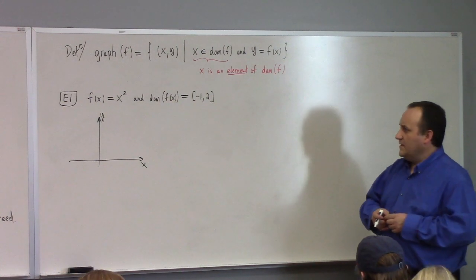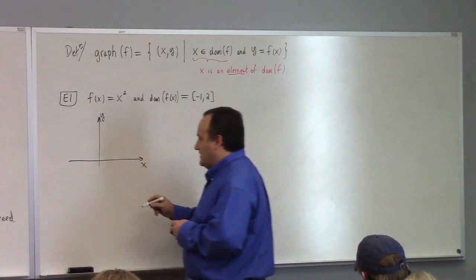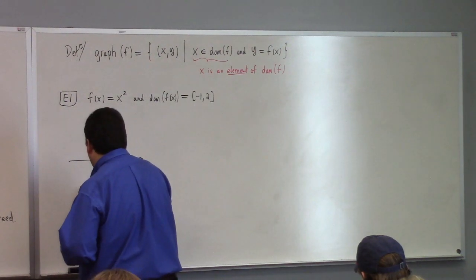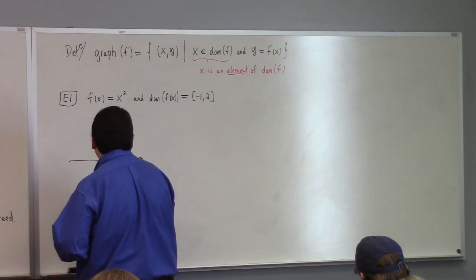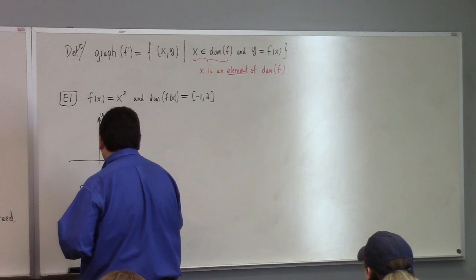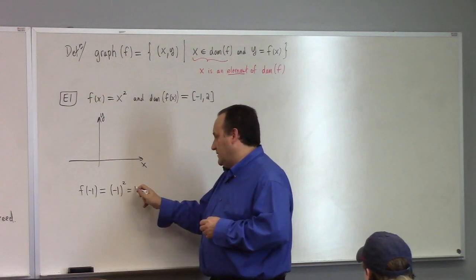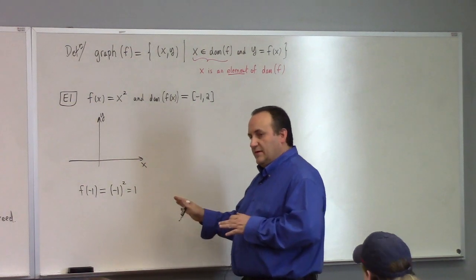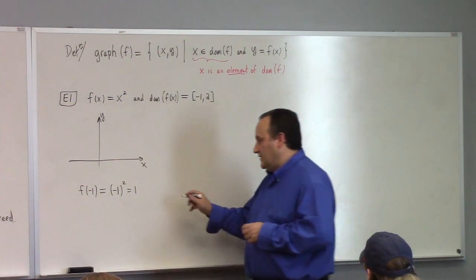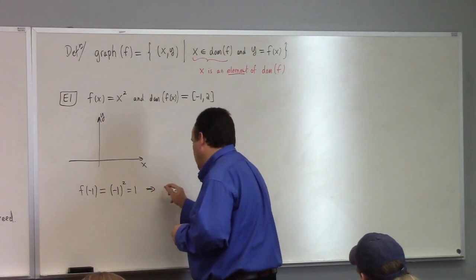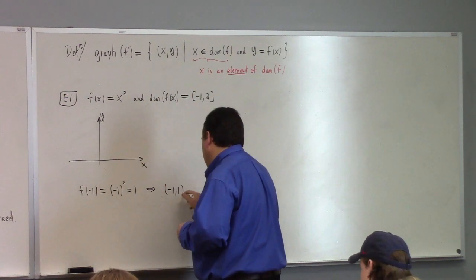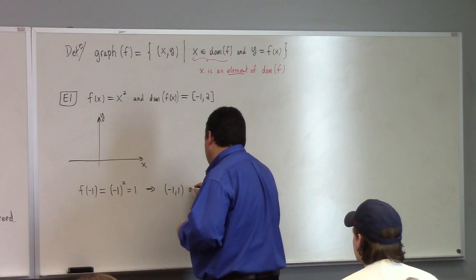But we can plot some points. So what is f of -1 equal to? We do -1, we square it, that's the formula. So f of -1 is equal to 1. What this calculation means is that the point -1, 1 is on the graph.